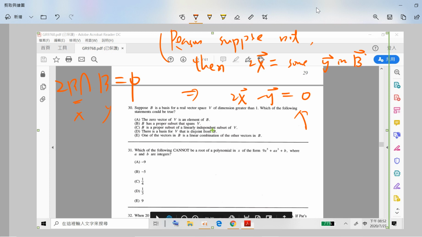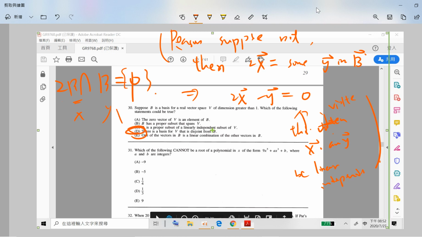Right? Then this violates x and y being linearly independent. So we prove that 2B and B are disjoint, there is no intersection.